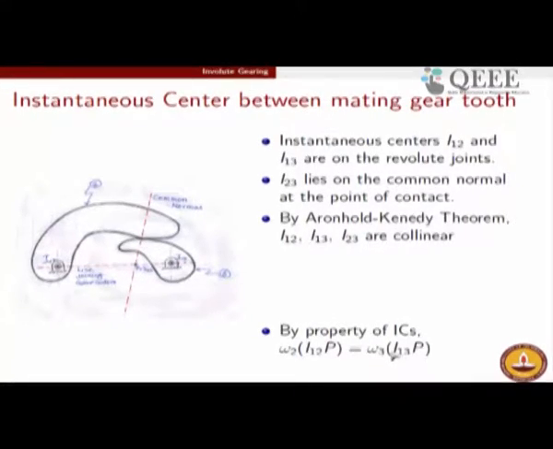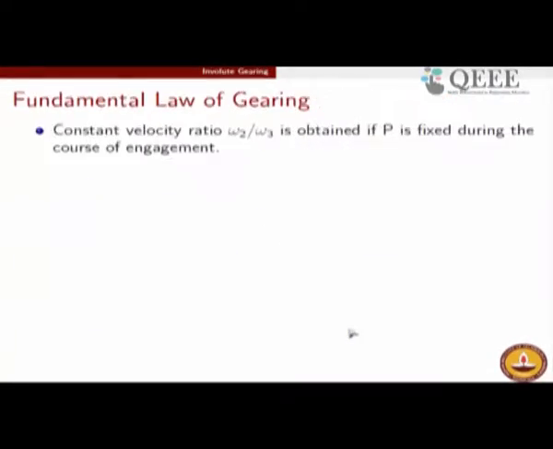So, therefore, by the property of instantaneous center, which suggests that either way the velocity should be the same, we have this equality, which basically means that we now have a rule by which we can assign the velocity ratio between these two bodies. When there is motion transfer happening, the motion transfer ratio omega 2 by omega 3 is given precisely by this quantity, and that is what brings us to the fundamental law of gearing.